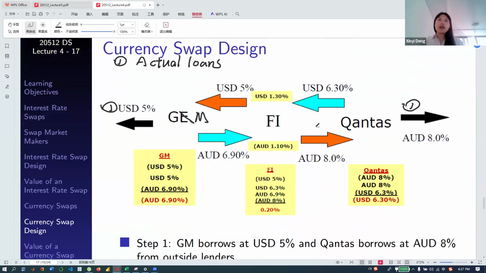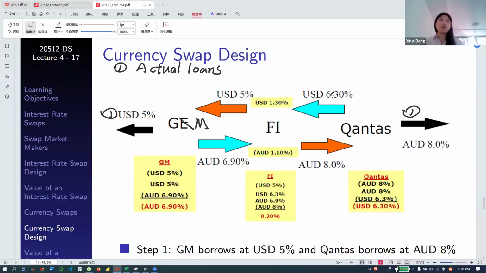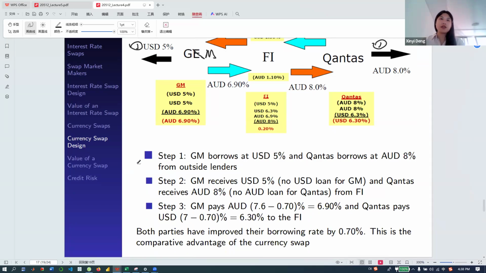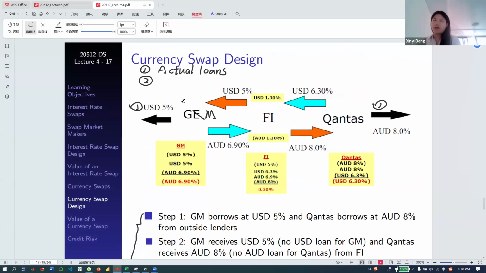And then the second step is again that we cancel out the actual loan. So right here. It's also stated here, those step 1 to 3. Oh, sorry. Cancel out.